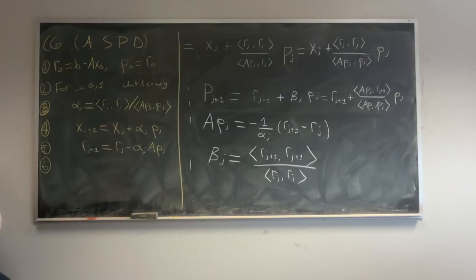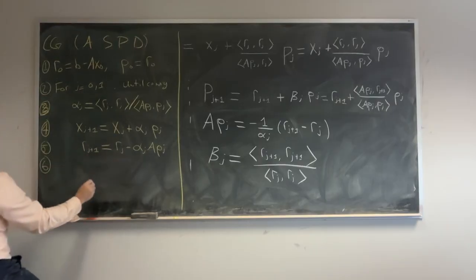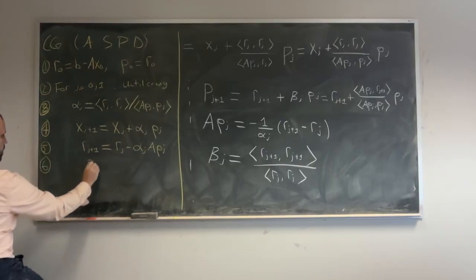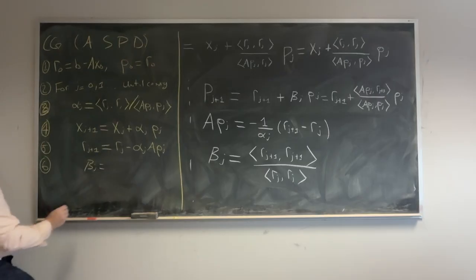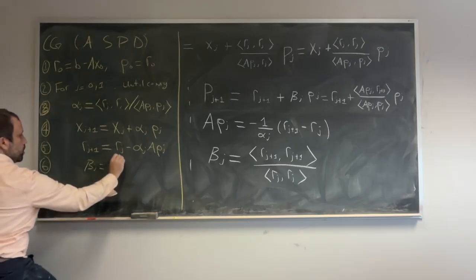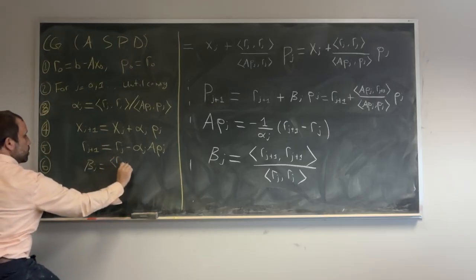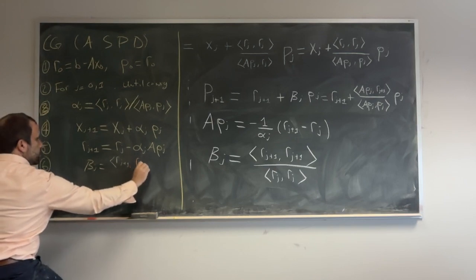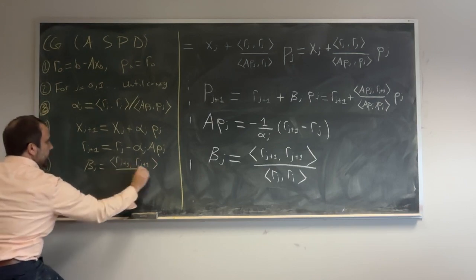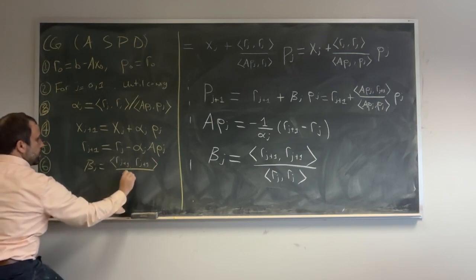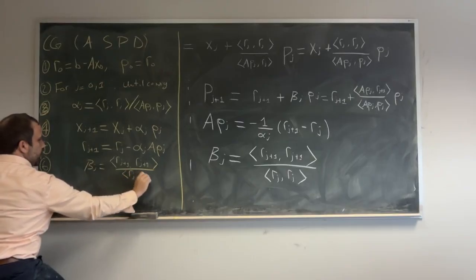Item 6 is we are going to get our new beta_j based on this formula right here. We just computed R_{j+1}, so we can use this to find beta_j. Beta_j is going to be equal to (R_{j+1}, R_{j+1}) over (R_j, R_j).